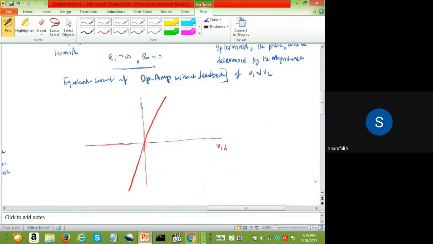It is a straight line, and when it reaches a certain voltage, it will become like this.